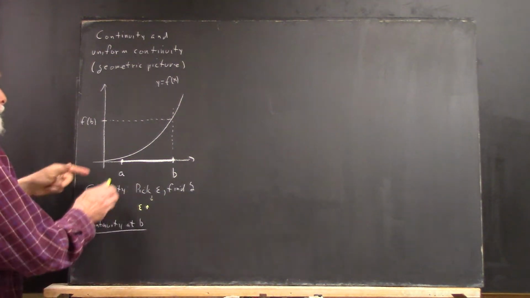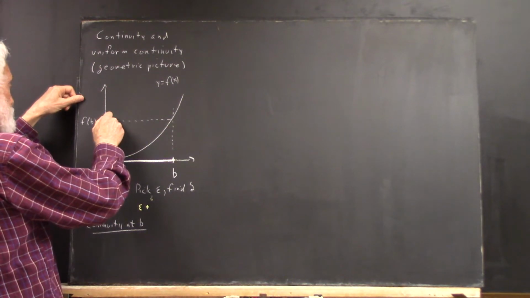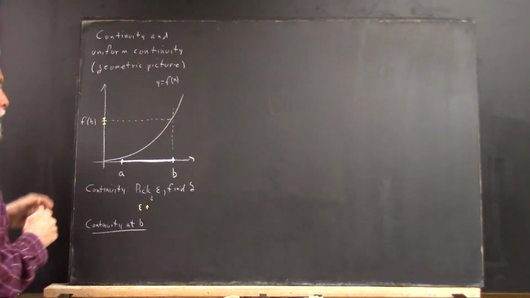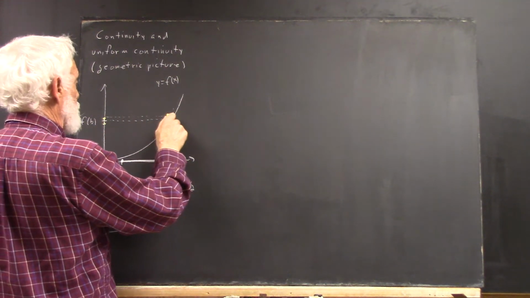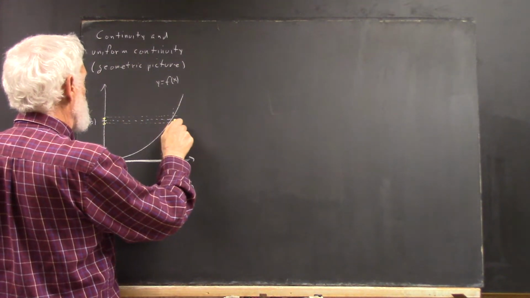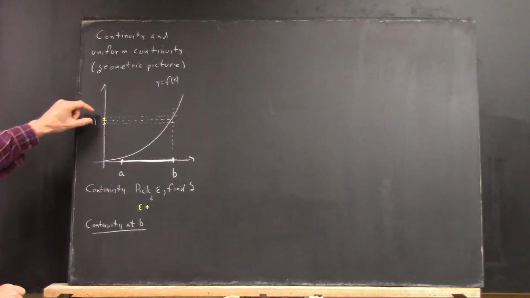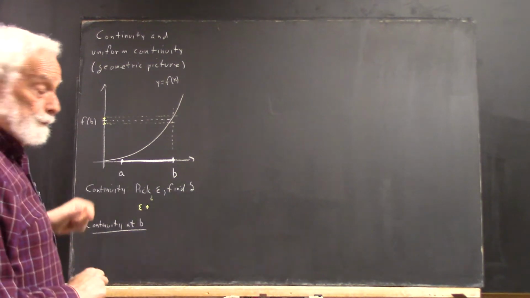So f of b has to be restricted within epsilon. So I'm going to put an interval here, an epsilon interval up and an epsilon interval down. And I'm going to project over here. Okay, so I want the values of the function to remain within this interval.